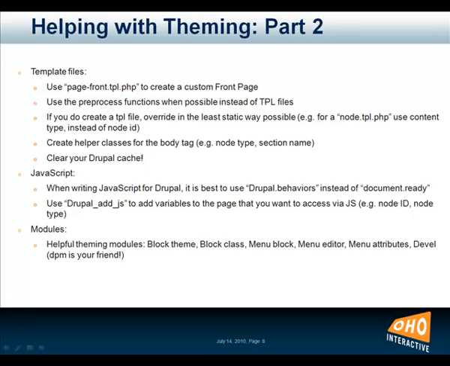So if you're using a view, for example, and you are loading a whole bunch of fields from a specific content type, and you are creating a very structure-specific view page where you want to print out those variables in a specific order and specific places on the page, you would use the dpm function to look at those variables and see what their proper names are and where they're being called, and then use that information to hook into that and just print it out the way you'd like.